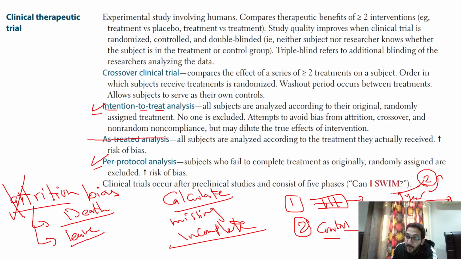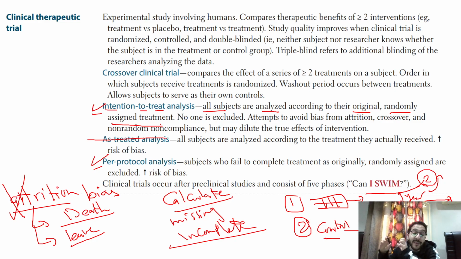It has some of the effects from the year that they took and the year that I followed them up. So I will use these data. All subjects, even the two that left, will be analyzed according to the original randomly assigned treatment. Everything will be kept the same as intended.